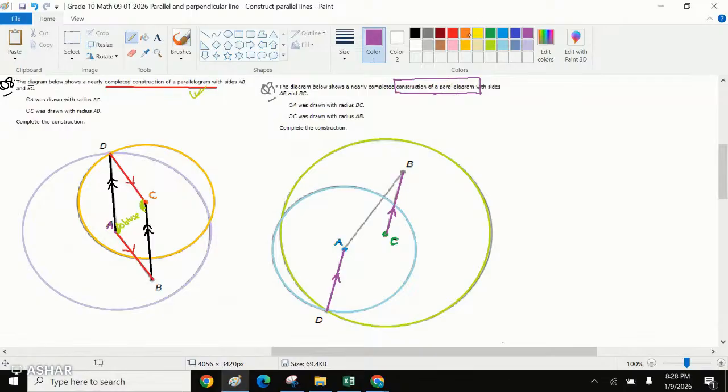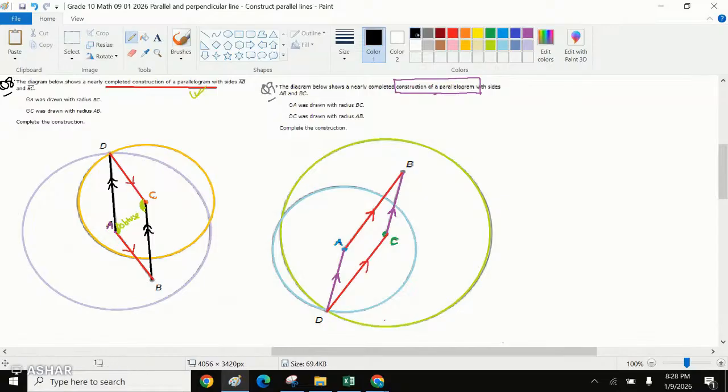So the missing one would be, let's suppose this was AB. AB is already given to us. So what we need to do is draw a line that is parallel to AB of the same length, right? So this is still a line parallel to AB, but we need to complete it as a parallelogram. So we simply put it over here.